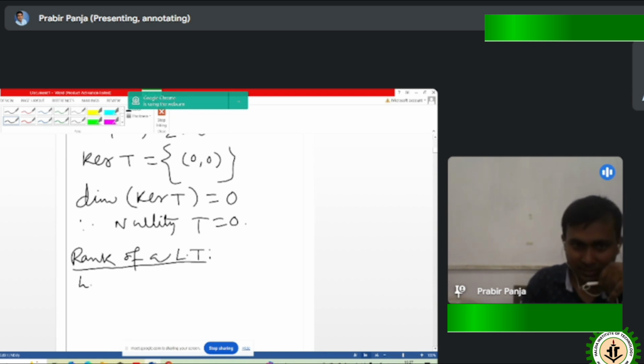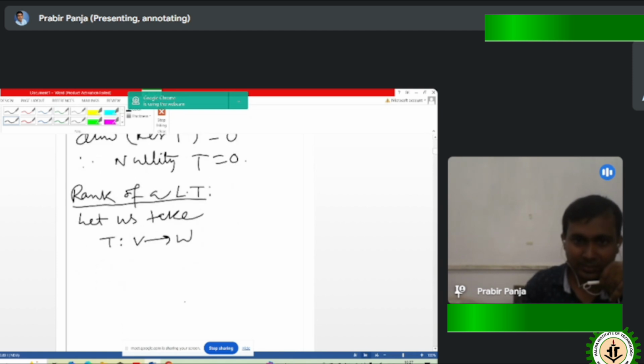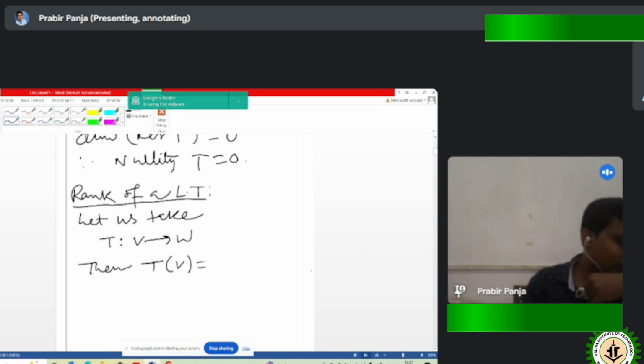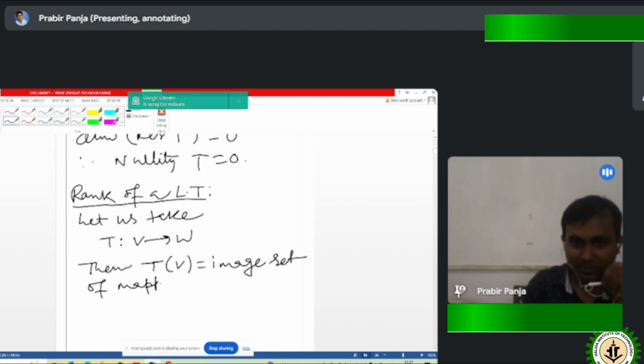Let us take one linear transformation T from V to W. Then we'll take T of V, which is called the image set of the mapping T.